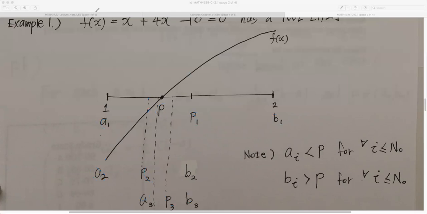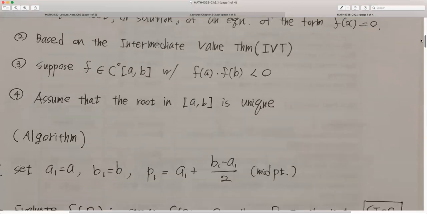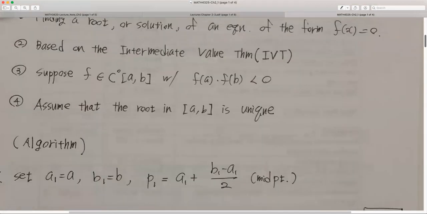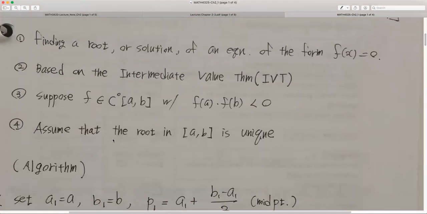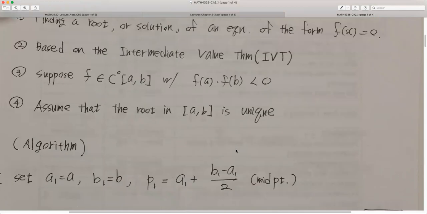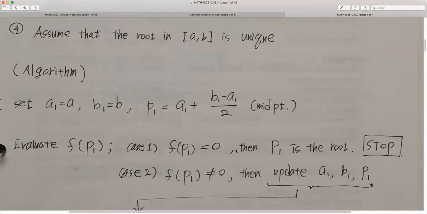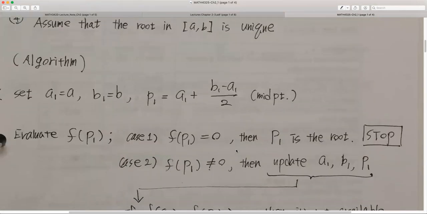Now, let's see. All right, here is one more assumption: the root in the closed interval [a, b] is unique. Keep that in mind. Now let's see the algorithm in detail.